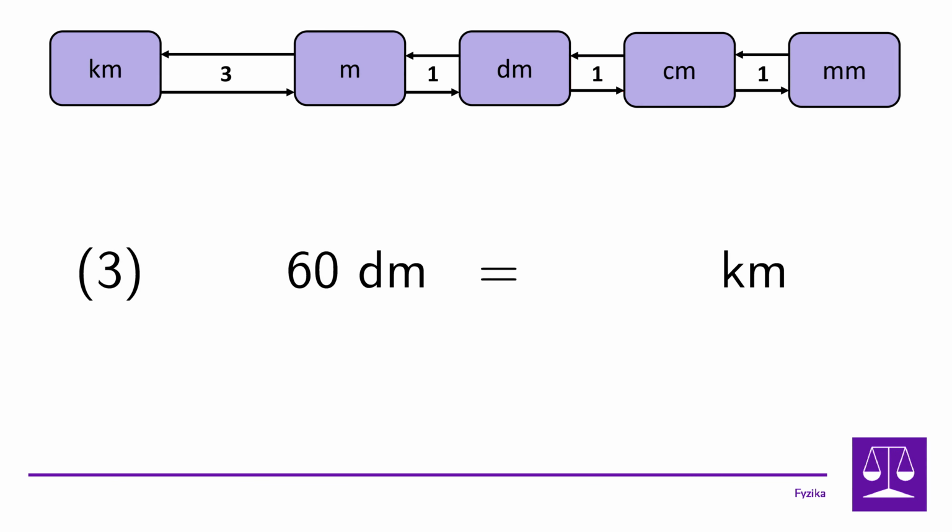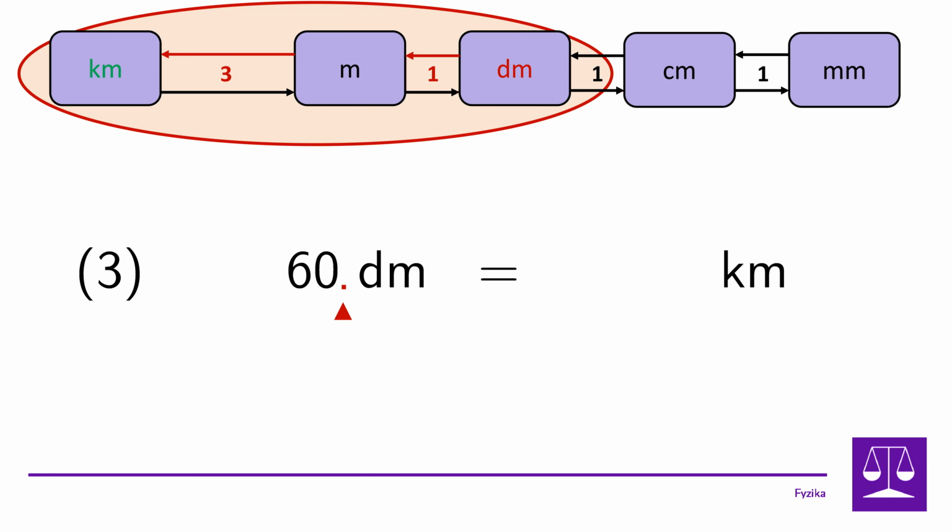In the third conversion, we're supposed to convert 60 decimeters to kilometers. Since our job is to move the decimal point, we'll highlight it first. There is no decimal point in the number 60, so we add it after the last digit. We are supposed to convert decimeters to kilometers, which in the conversion chart means that we will move to the left by 1 and then 3 places.